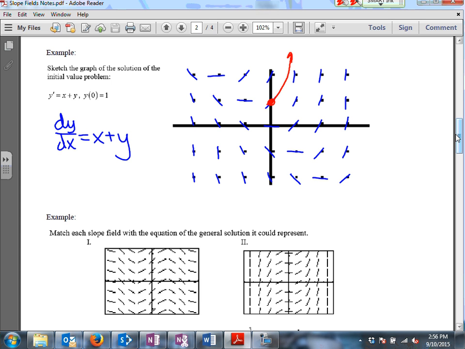Go up, right? And then what has to happen as we go this way? Well, first of all, we're going to have to switch direction, because we have slopes that are 0 and then slopes that become negative. So we have to switch direction, and then right here it's acting like an asymptote, so we have to approach that.